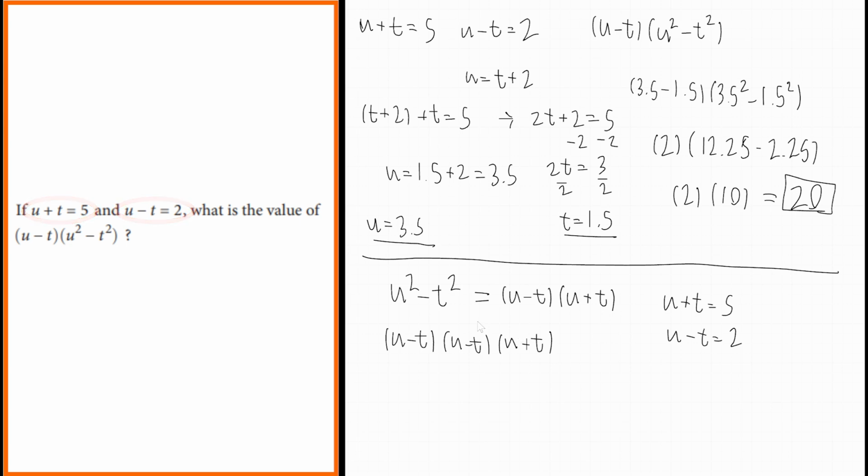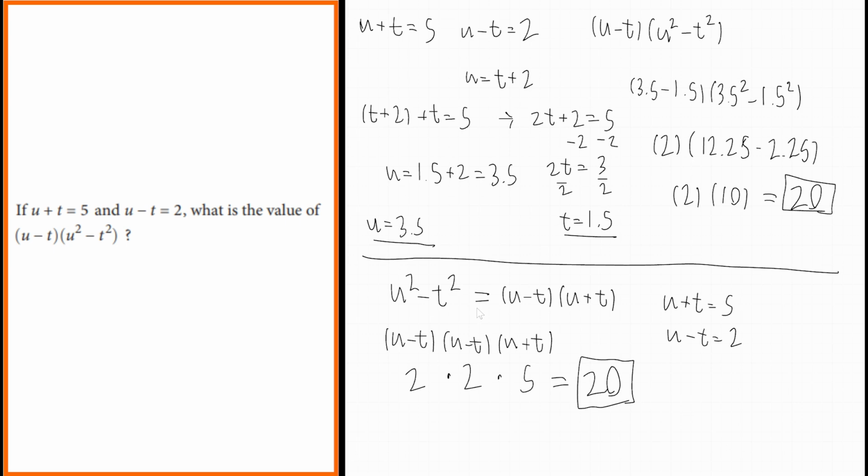If we can just recognize this difference of squares and factor it out, we can get this expression in terms that we already know the values of, and we can simply substitute those terms in, 2, 2, and 5, and multiply them out, and we will get 2 times 2 times 5, which equals 20.